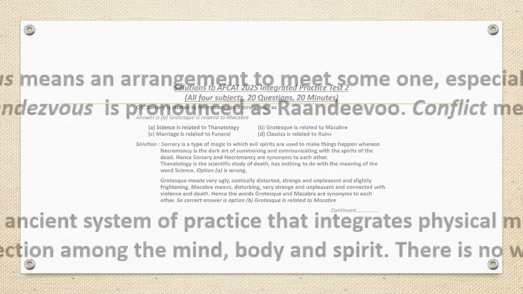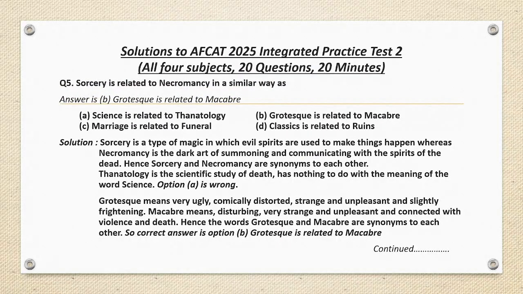Next, let us move to the next question. Fifth question. It is analogy. I hope you understood what actually this sorcery, necromancy, and all these options are. Let us find out first what is the relation between sorcery and necromancy, so that we can evaluate the given four options.